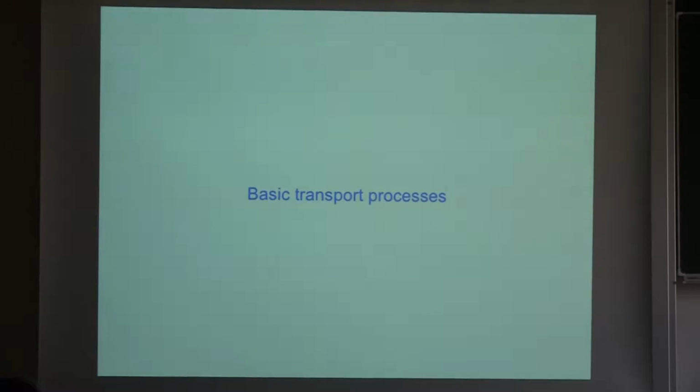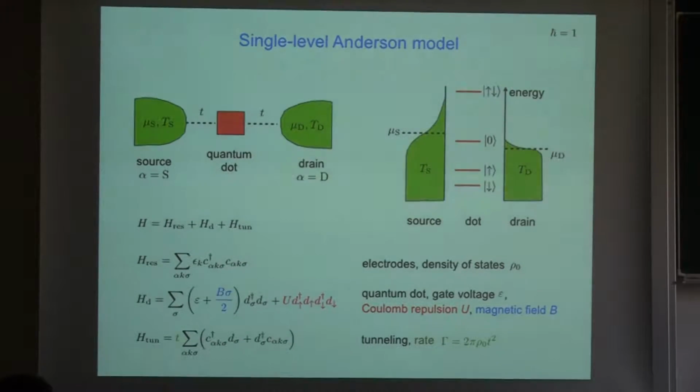Okay, but first let's go through the basic transport processes in these systems. So here is the basic model we want to study. We have a quantum dot that has a local Hamiltonian given here. Here is the energy spectrum. We have a single level that can be either empty, occupied by an up spin or a down spin, or occupied by two spins.